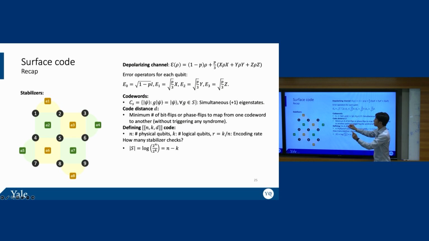So if you are just short of mapping to another code word, you can tell because it's not a +1 eigenstate anymore. But in order to correct for the code words, you have to know which code word to get back to, and that will be lower than the code distance. In particular, it will be (D-1)/2. So it's shorter than halfway between the two different code words. And then you can go back to the closer one.